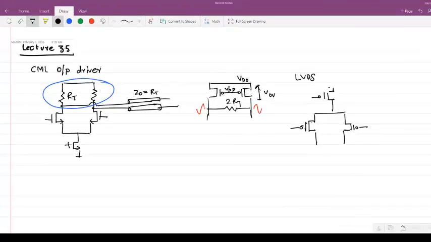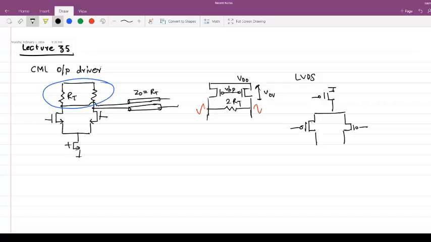In this case, the problem is that the available swing is lesser. The other problem is that you have too many transistors under a single supply, so more capacitors to be charged and discharged when you are signaling the whole chain. So the actual speed you can get with this LVDS output driver is lesser than what you can get with the very simple CML output driver.